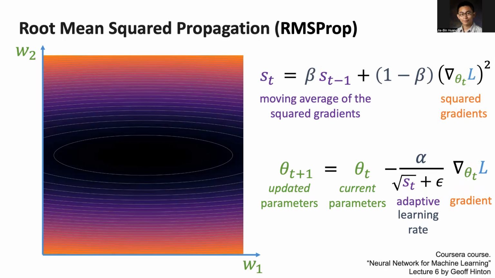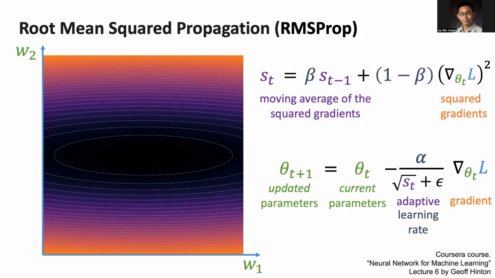Okay? So what I'm doing here is computing an average over time of the squared gradient magnitude. And then I take alpha divided by this. What it means is that if for a certain dimension the gradient magnitude is small, then I will take alpha divided by a small number, which means that I will increase the learning rate for that dimension.